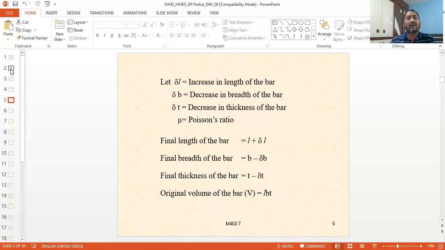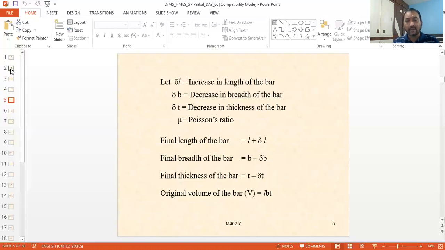Now here let delta L be the increase in length of the bar, delta B the decrease in breadth or width of the bar, delta T the decrease in thickness of the bar, and mu the Poisson's ratio.